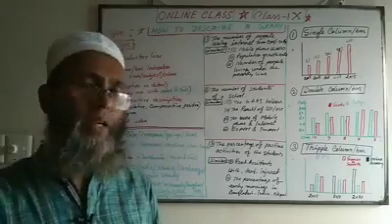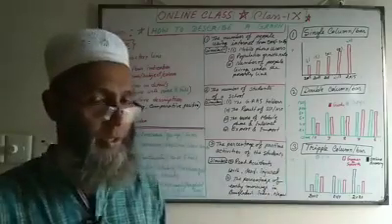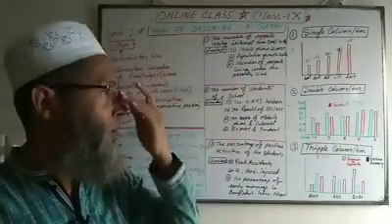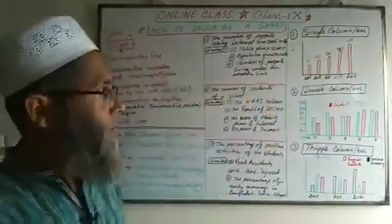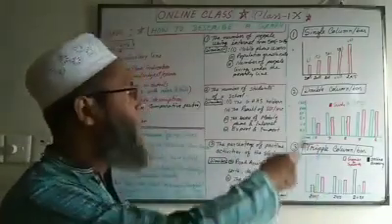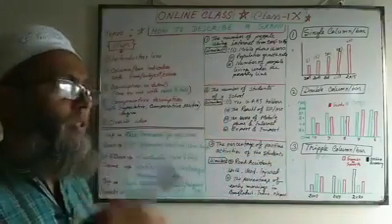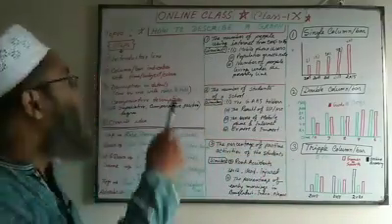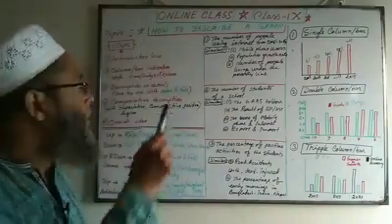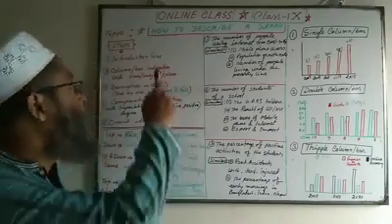And in the next class I hope that I will discuss how to describe pie charts. Here I have already drawn 3 types of graph, and you are observing. In the previous class I told about the steps in short. Today I will discuss it in detail.